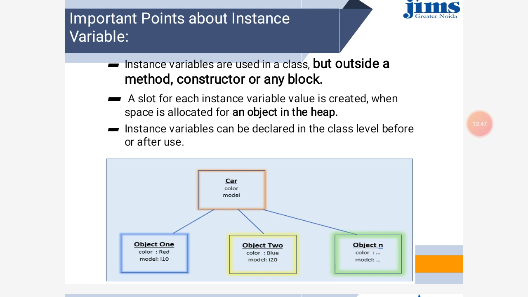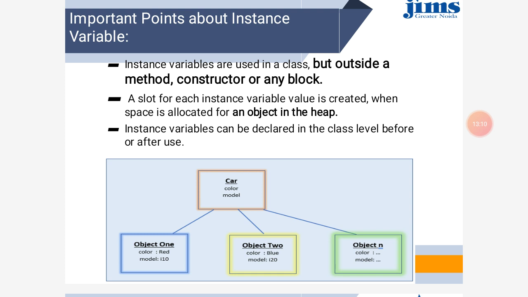So if we talk about car, there are three objects in the figure, and what attributes are mentioned in class car? One is color and second one is model. So every object will initialize these two variables.